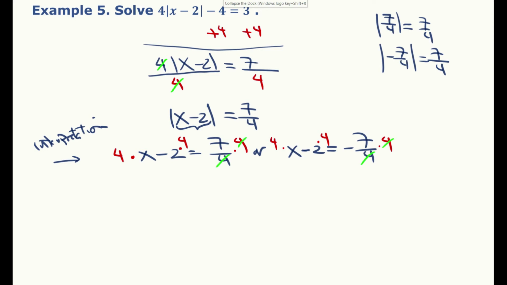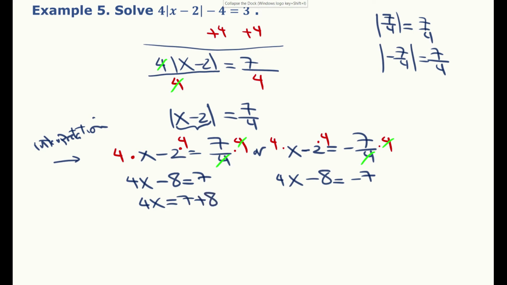Okay, so we end up with 4x minus 8 equals 7. And on this side, we have 4x minus 8 equals negative 7, like so.